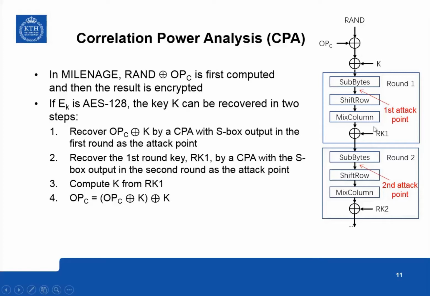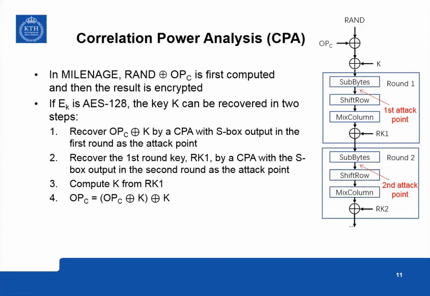Then we recover the first round key, RK1, by a CPA with the S-box output in the second round as the attack point. Then we can compute the key from round key 1 by reversing the key expansion algorithm and get OPC by cancelling out the key by double XOR.